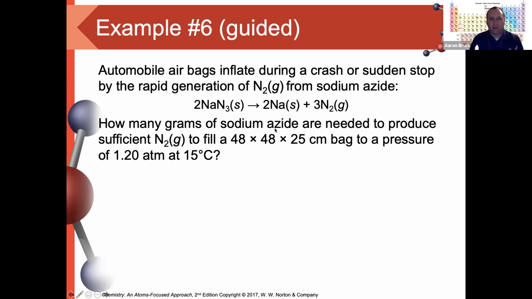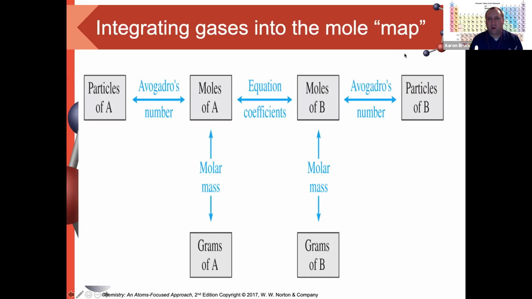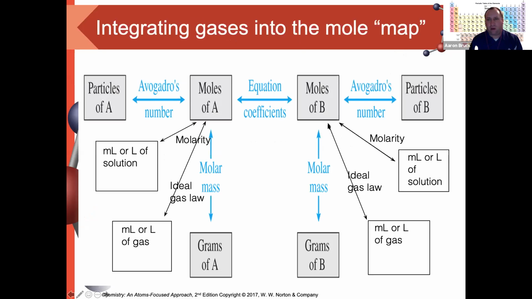So if we go to our map here, what we are trying to do is use the volume of a gas to figure out the number of grams of a reactant.